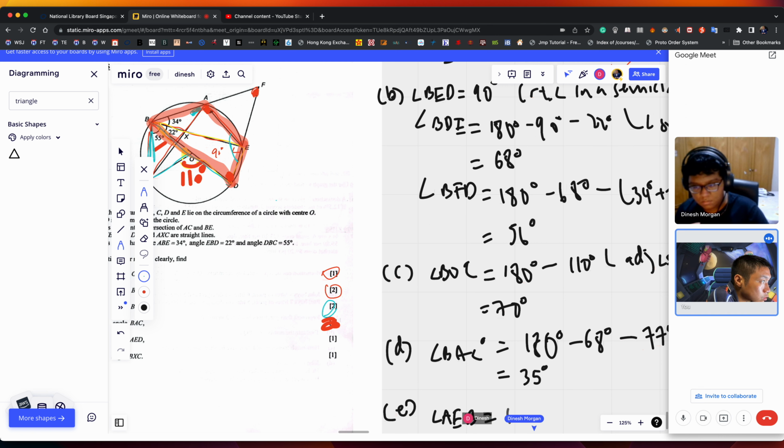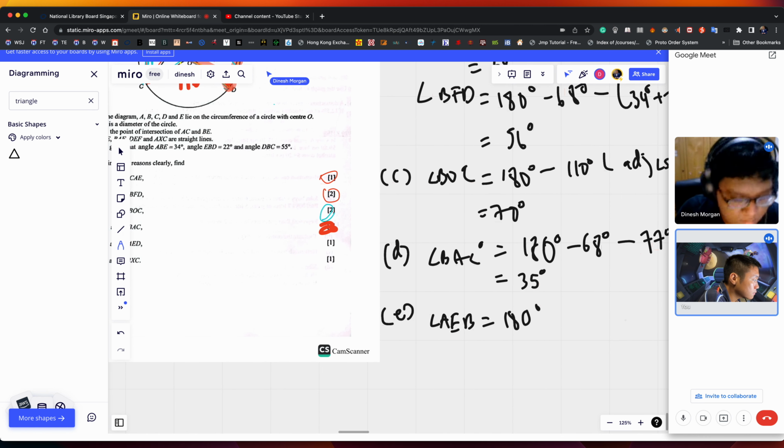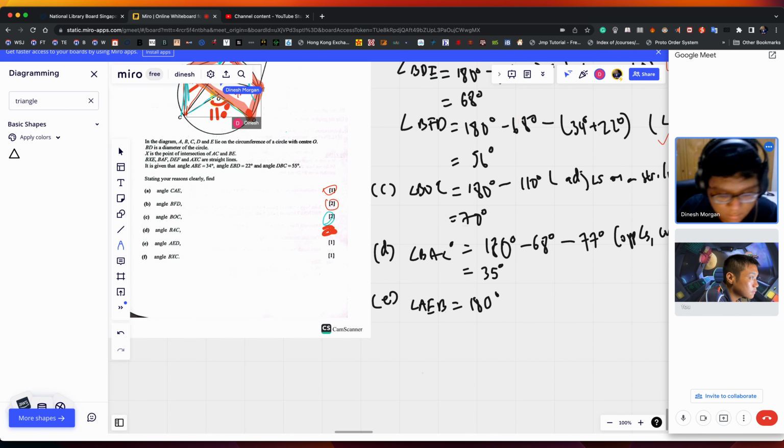I think it can also be found, right? Because this is the opposite segment also. Sure, okay, that's one way. Yes, got it. Nice.